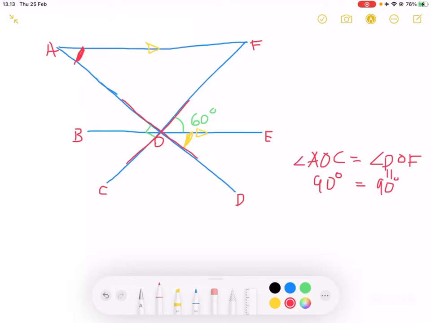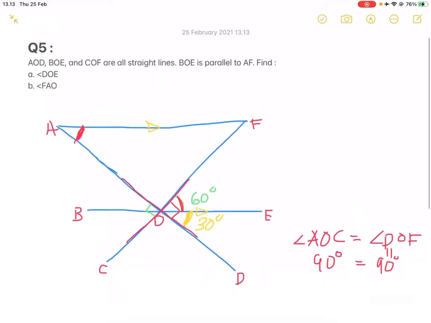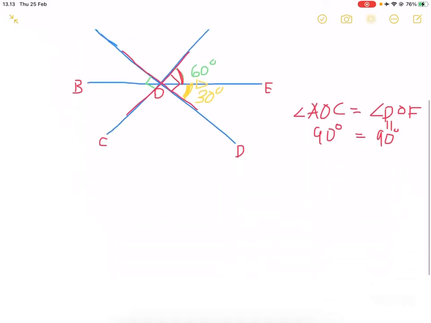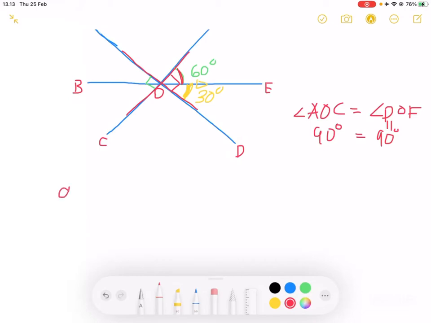So this must also be a right angle. And notice the whole thing at DOF is a right angle, and this little bit is 60 degrees. And therefore this little bit in yellow must be 30 degrees. Alright, that's it for the first part, which is DOE. So the answer for part A will be 30 degrees.